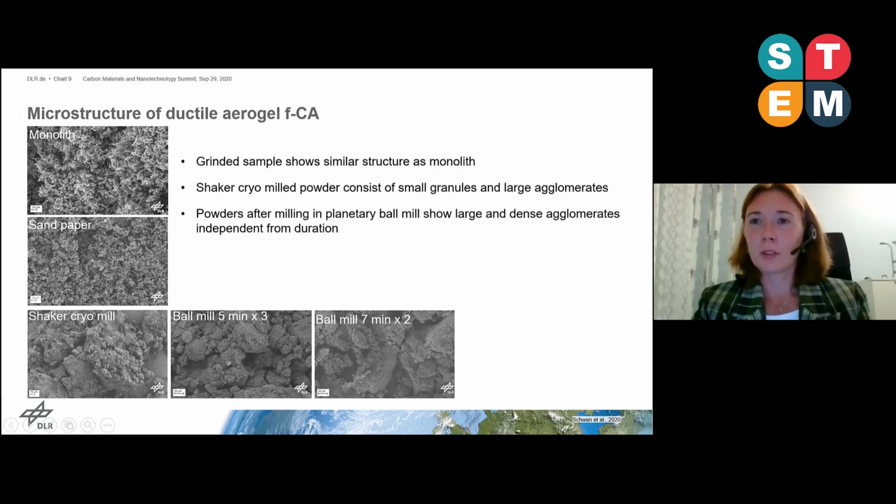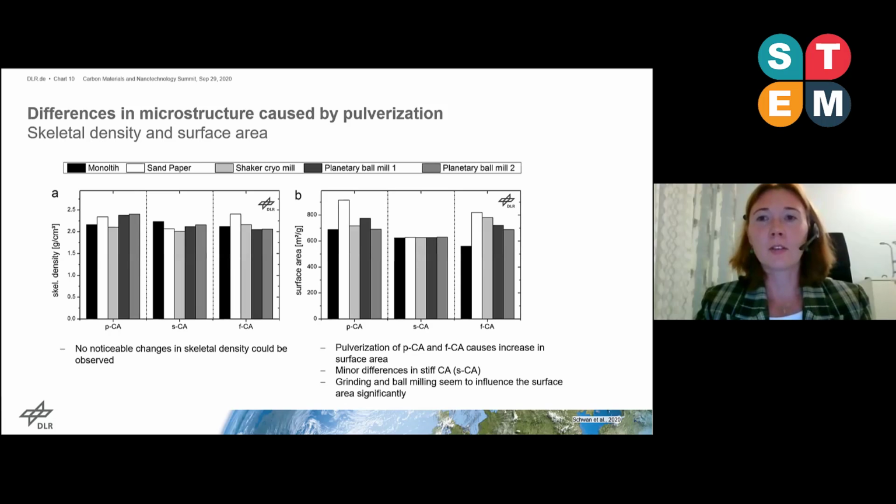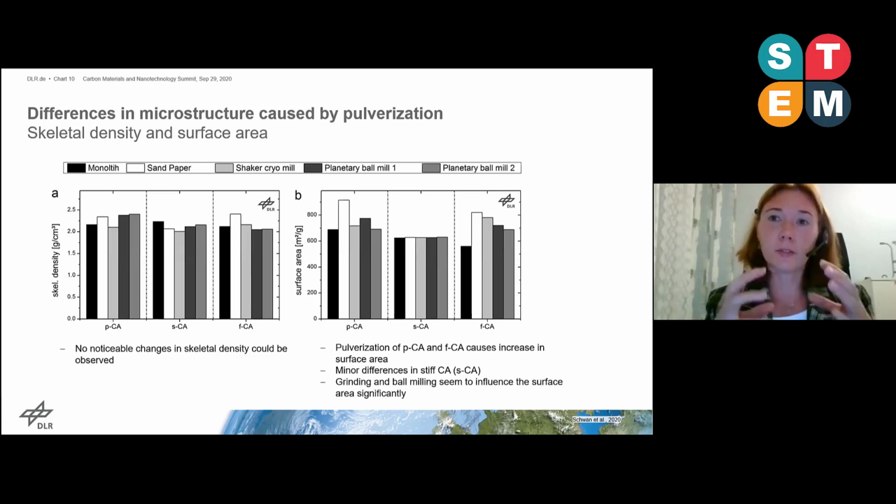After we looked at the structure, we performed some nitrogen sorption measurements, and here you can see the results. We measured the surface area with the nitrogen sorption technique, and also the skeletal density. The skeletal density is the density of the solid network, so without the pore volume.